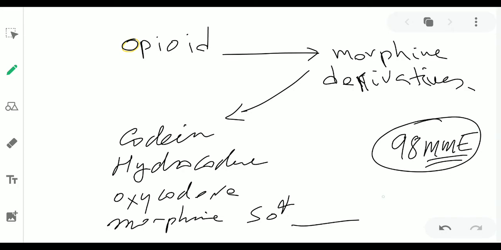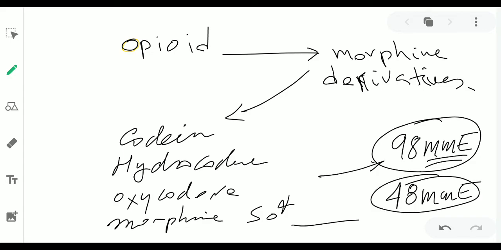This is a calculation they do for the amount of morphine that you use per dosage. So 98 morphine milliequivalents caused the fatal situation on average, while other patients were receiving just 48 MME, which did not harm them. So this was safer.